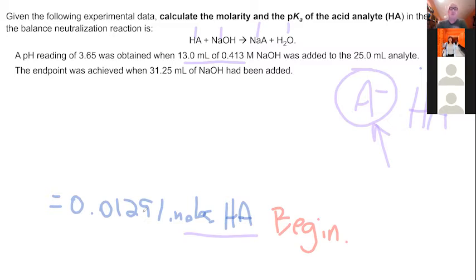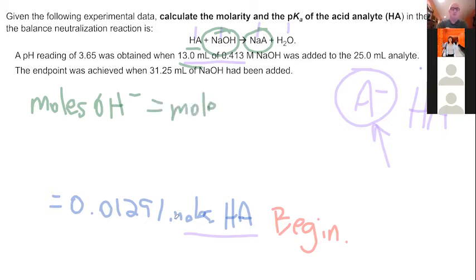Because for every 1 mole of hydroxide I add, I convert 1 mole of HA to A minus. So if I can figure out how many moles of hydroxide were added at that point, that's going to also equal the number of moles of A minus that are present at that moment, because it's a 1 to 1 to 1 ratio.